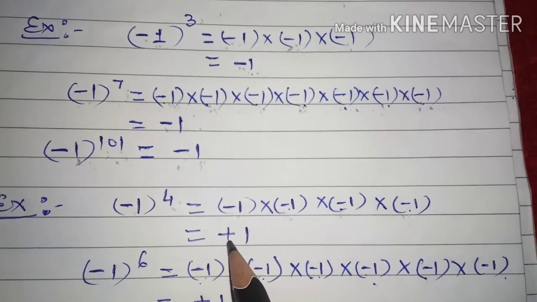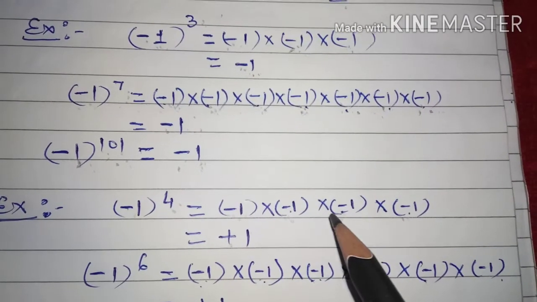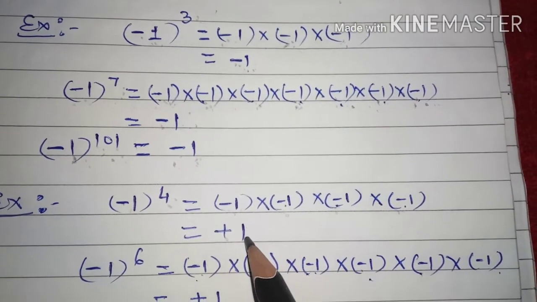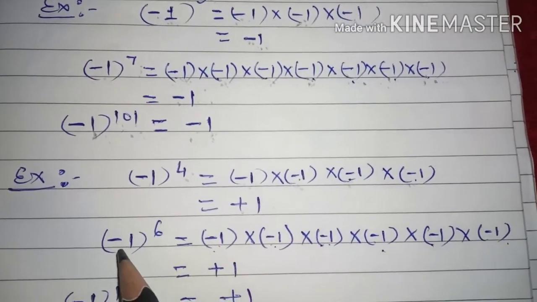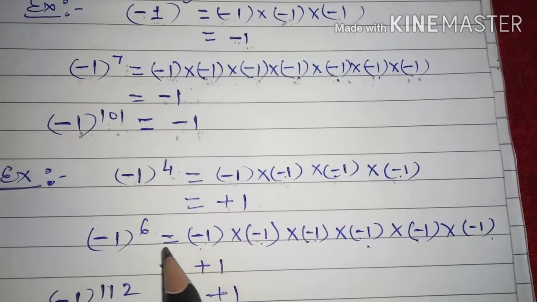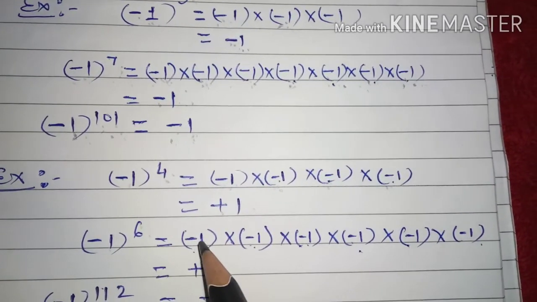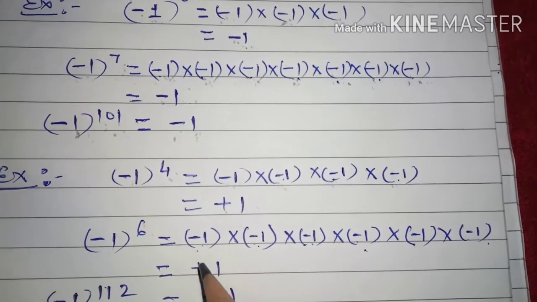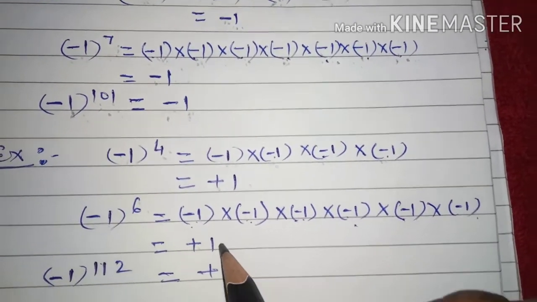So the sign will be plus, and the number is 1. 1 multiplied by itself, the result will be 1. So the final result is plus 1. We can see minus 1 whole power 6. 6 is also an even number. So minus 1 will be multiplied 6 times. So we will get a positive sign here, and the number is 1.